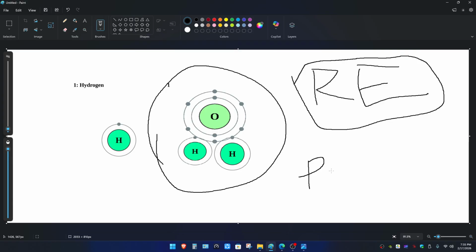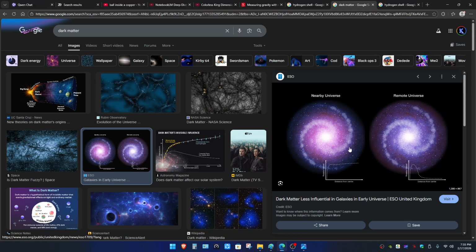Because of this, what we are seeing is the gravitational dark matter effect, that the galaxy's inner part is rotating at the same rate as the outer part of the galaxy.